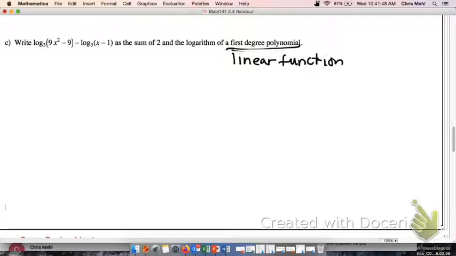So, start with my log base 3 of 9x squared minus 9, minus log base 3 of x minus 1.